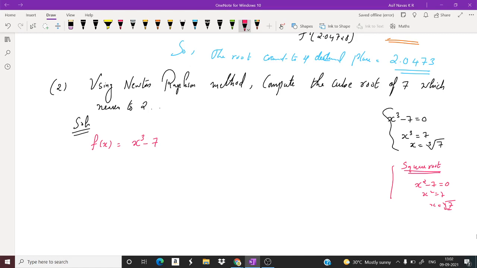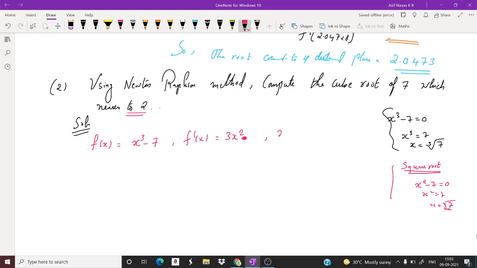So for finding cube root, we will do like this. Now we can find f dash of x. F dash of x is simply 3x square minus 0, that is 3x square. And we have been given a point nearer to 2, that is, our root is nearer to 2.